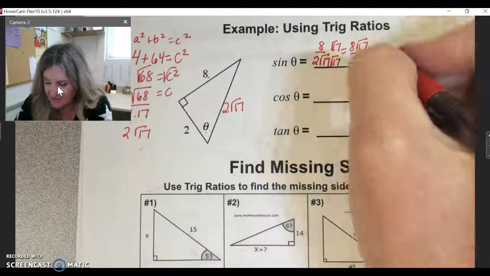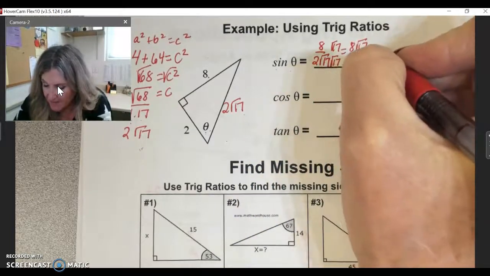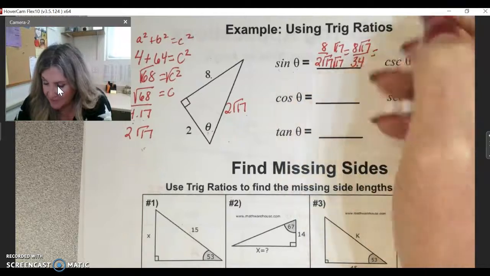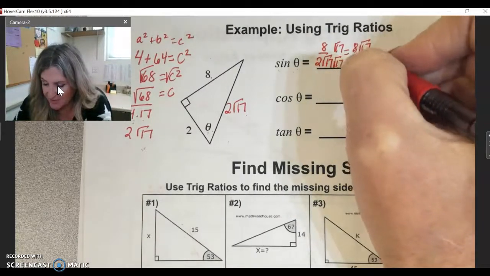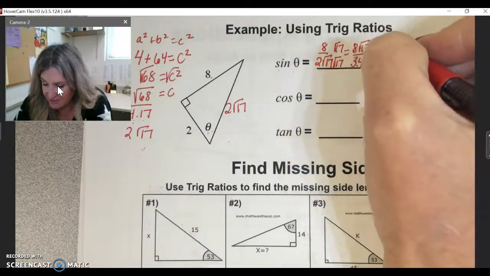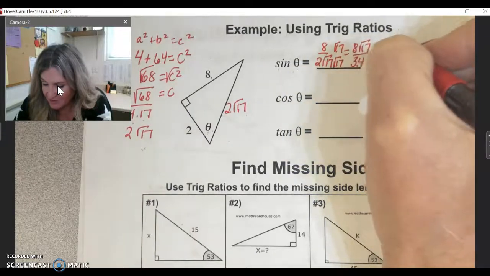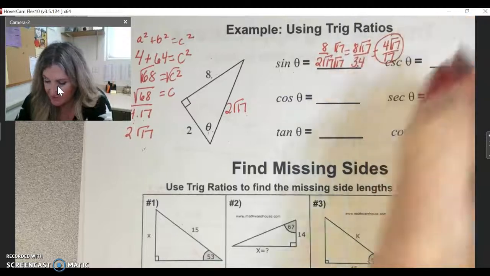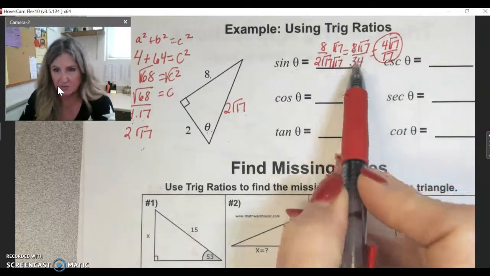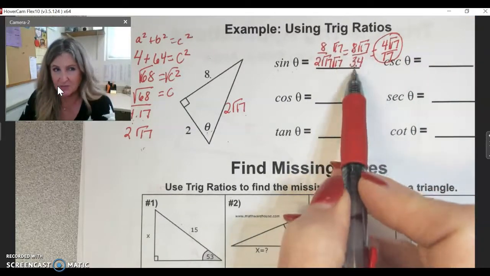So 2 times 17 is 34. Then 8 and 34 can both be divided by 2, only the numbers get divided by 2. So I get 4 radical 17 over 17.